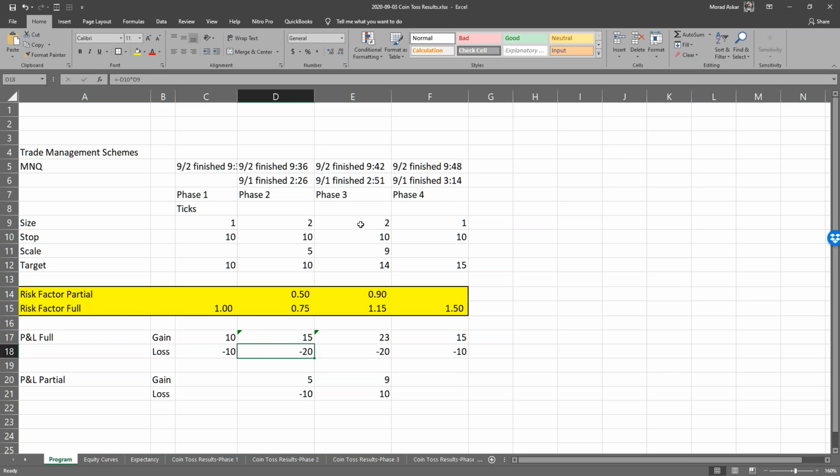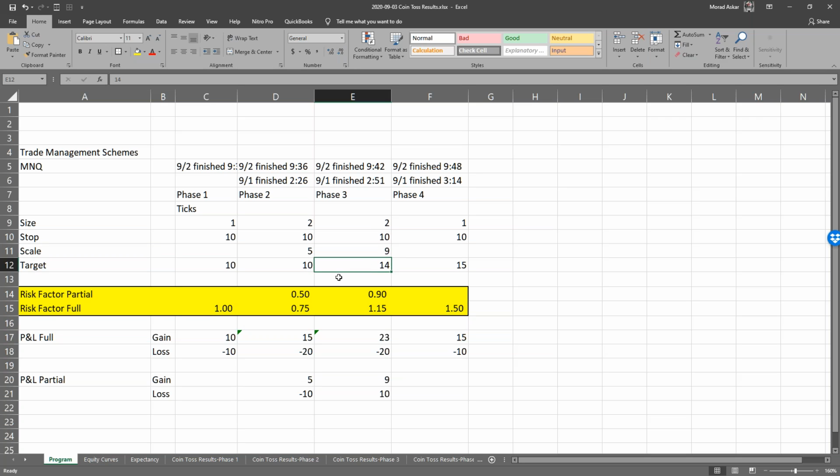Phase 3 is more of what I do and more of what we talk about a lot. That sample plan that we gave you for the micros of 3 lot fits this scenario. Phase 3 says we get in with 2, we stop for 10, we scale out at 9, as close to the risk as we can but a little bit less of it, almost like we're taking rotations into account.